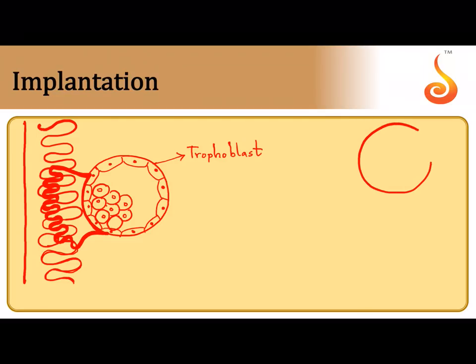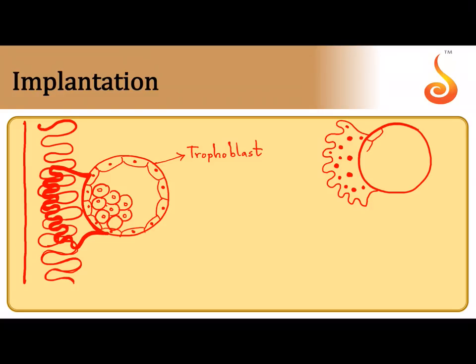So it's somewhat like this. If this is the blastocyst, it will develop a tissue which has finger-like projections, and this tissue will have multiple nuclei without boundaries between the nuclei. So it's a multinucleate mass of protoplasm or cytoplasm. Whereas the layer inside will still remain cellular. See, the trophoblast inside is cellular itself. Correct? And there is inner cell mass.